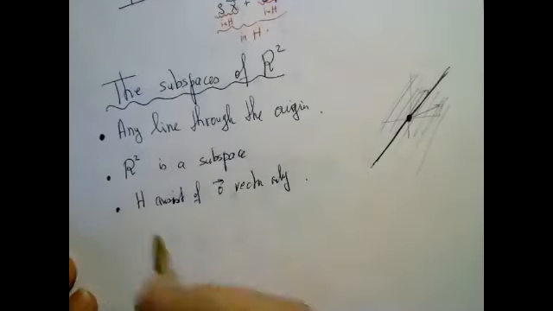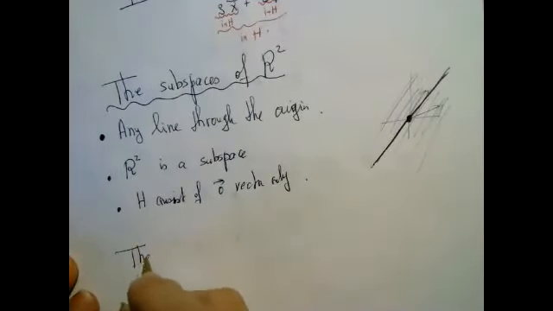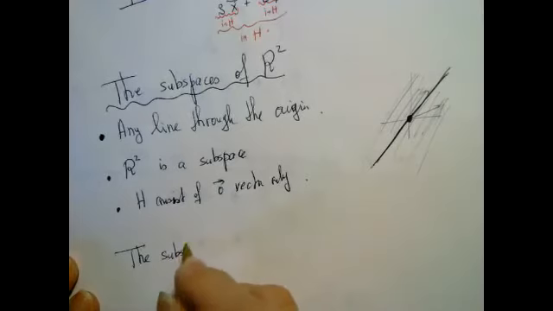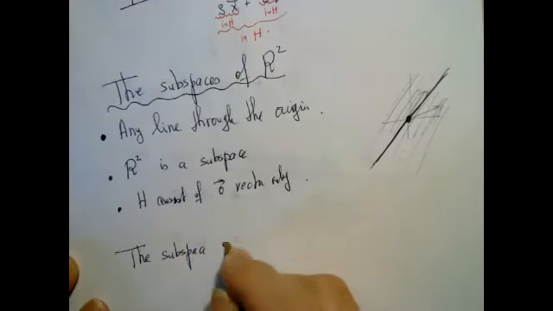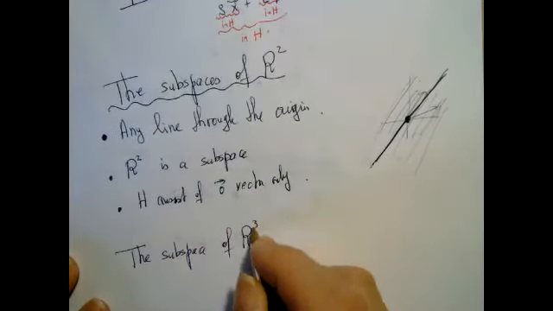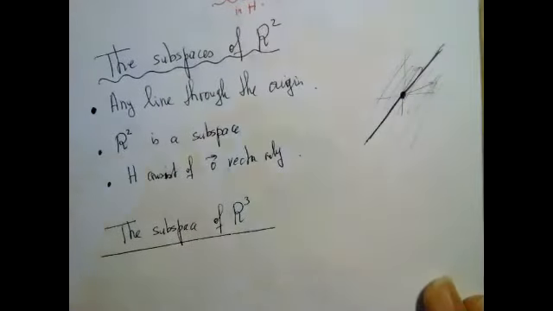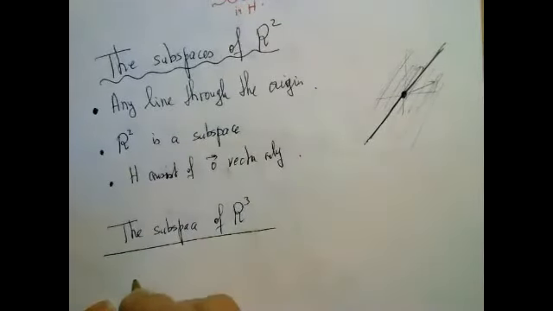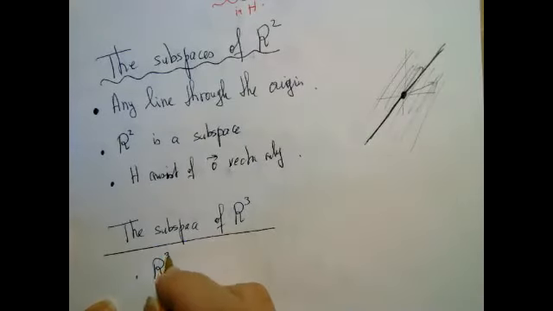Now, using the same kind of logic, we can generalize to the subspaces of R3. It means a collection of vectors in R3. A subspace of R3 would be R3 itself. So H equals R3.